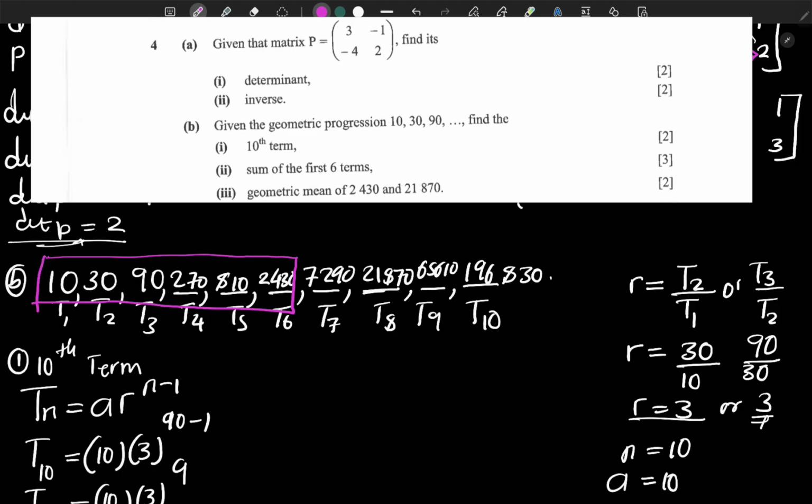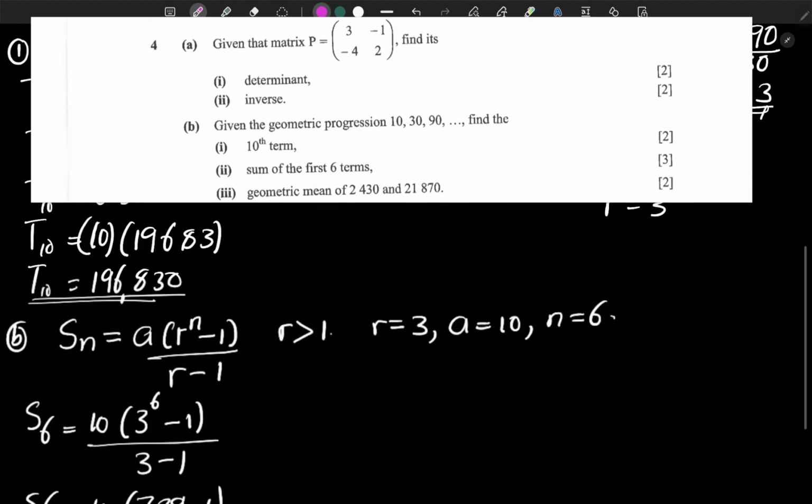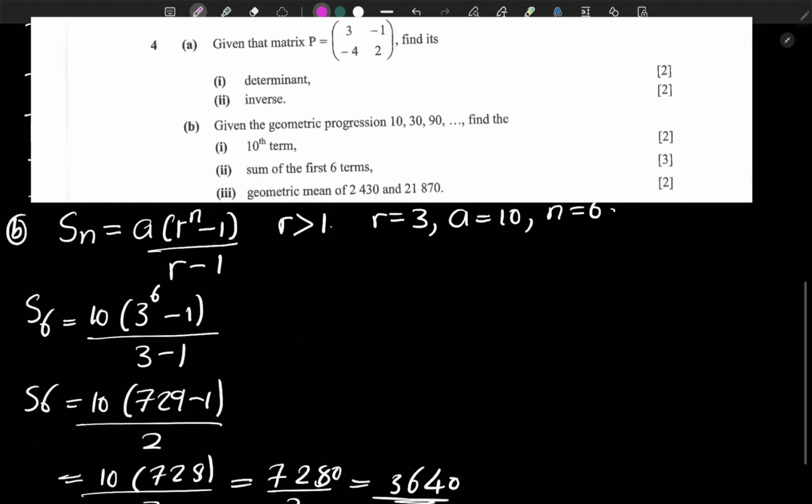So 10 plus 30 plus 90 plus 270 plus 810 plus 2,430. So if I add, I'm getting 3,640. As you can see, this is the same answer.